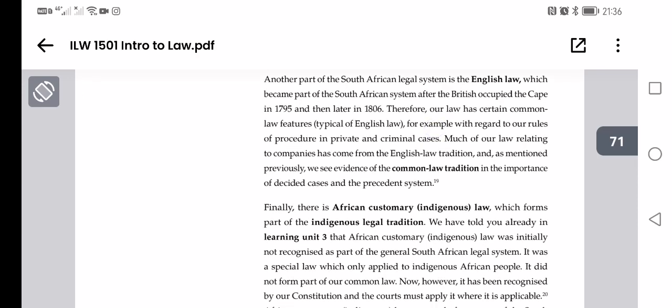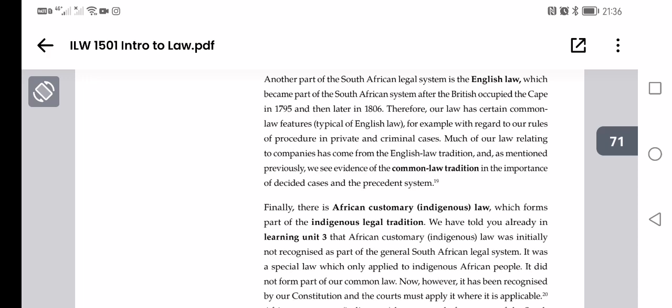Another part of the South African legal system is English law, which became part of South Africa's system after the British occupied the Cape in 1795 and then later in 1806. Therefore, our law has certain common law features typical of English law.